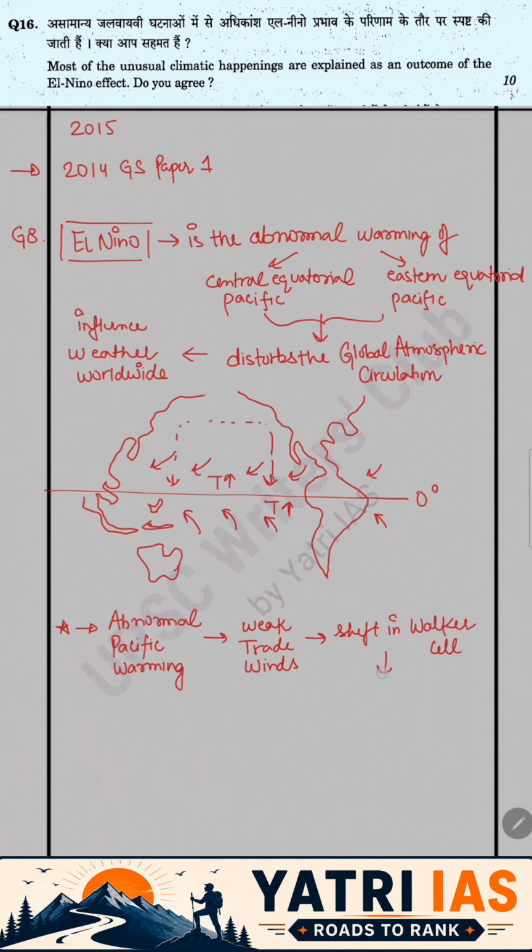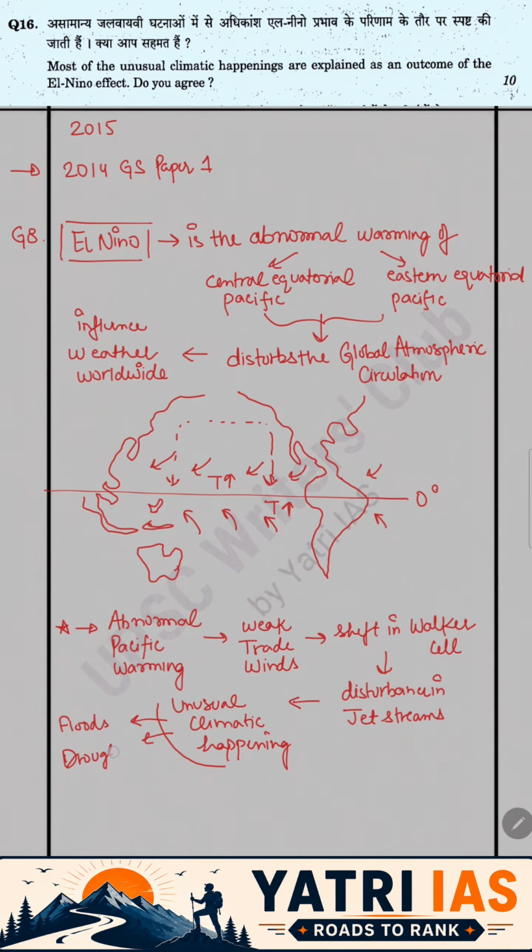And then with this, you see disturbance in jet streams, and that leads to unusual climatic happenings. So this is the demand of our question. What are those? Like floods, like drought, like wildfires, bushfires, etc. So that is your introduction.